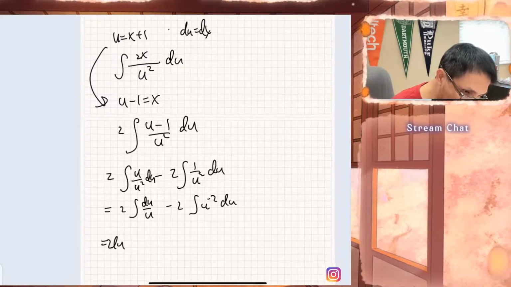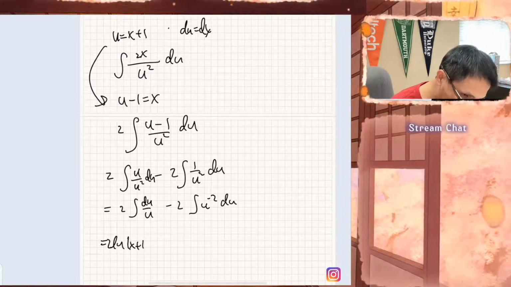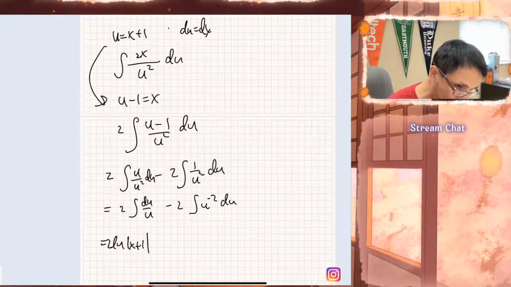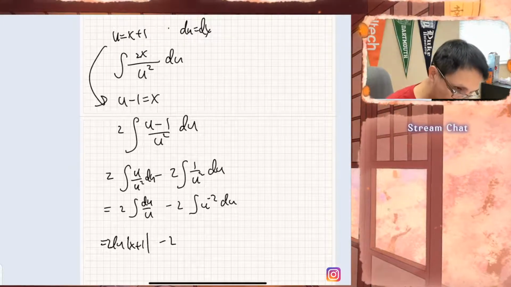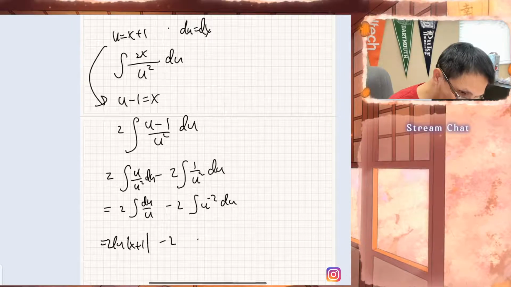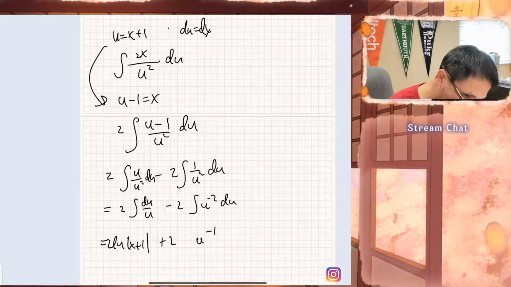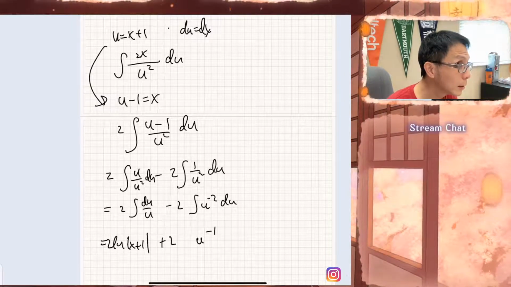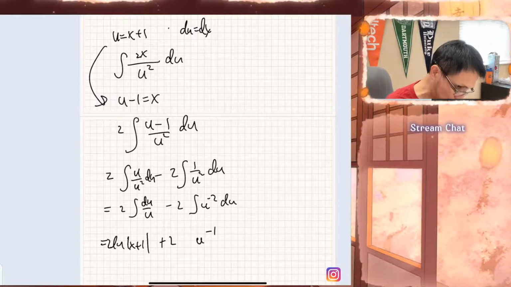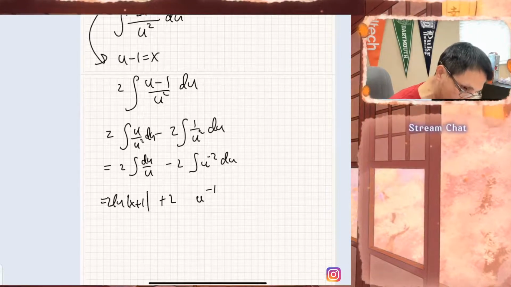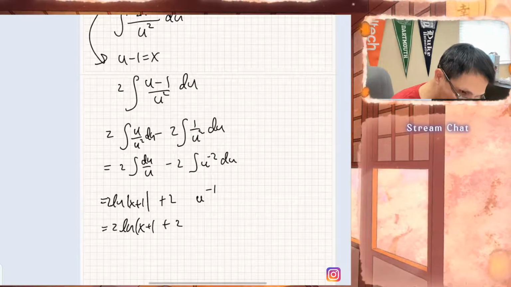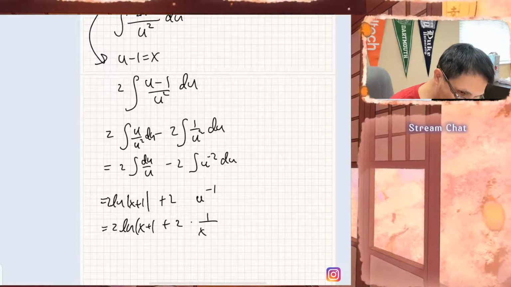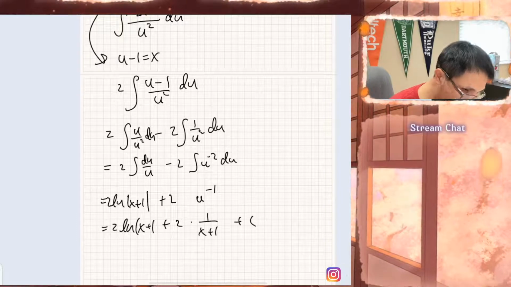What is u in this case? x plus 1, minus 2. What's integration of u to the negative 2? It will be u to the negative 1. And this is positive, right? So it'll be 2 natural log of x plus 1 plus 2 times 1 over x plus 1 plus c.